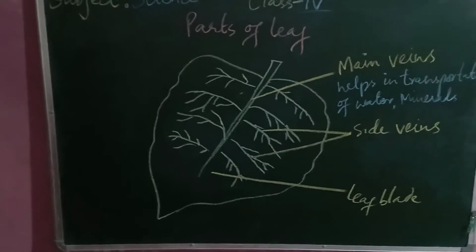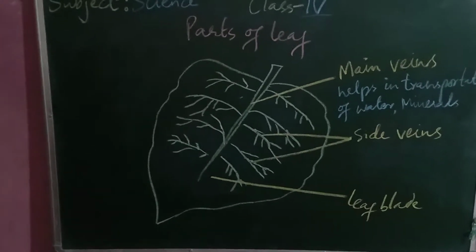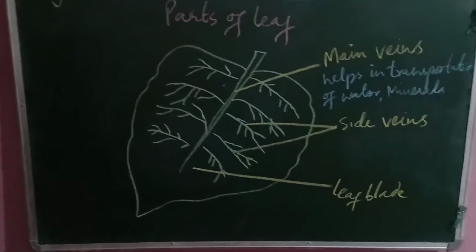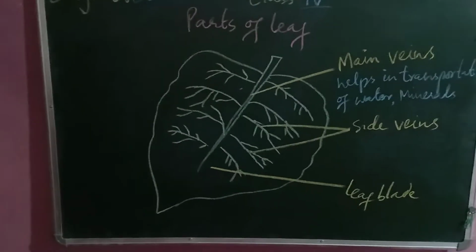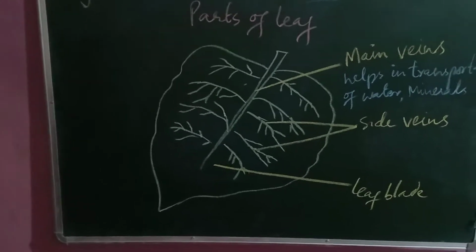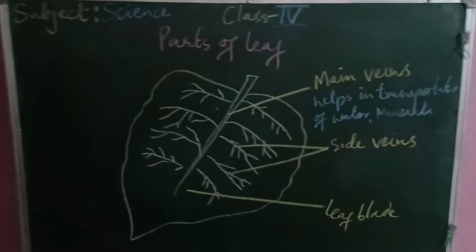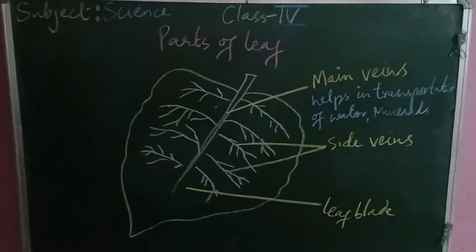They help in letting air in and out, which we can call breathing also. So the stomata let air flow in and out of the leaves, and they actually work as a respiratory system.